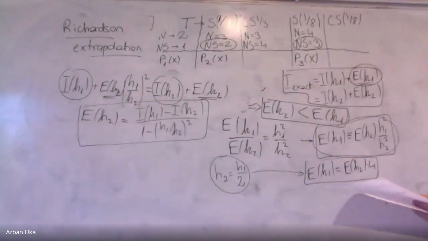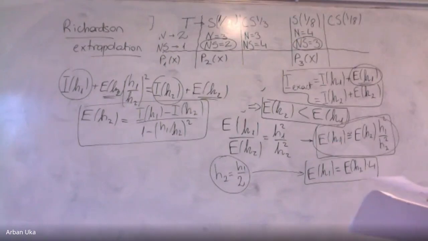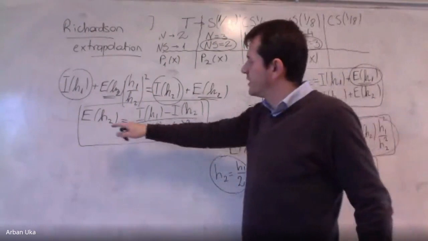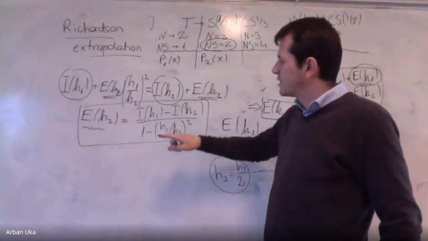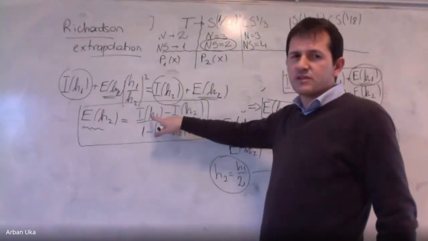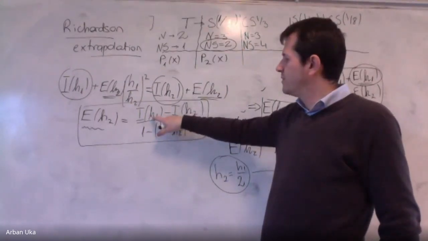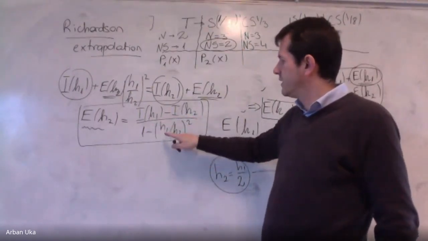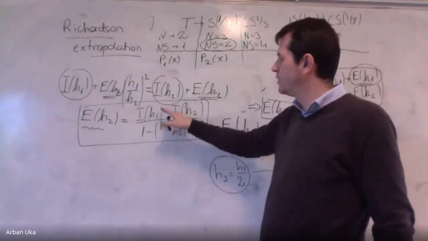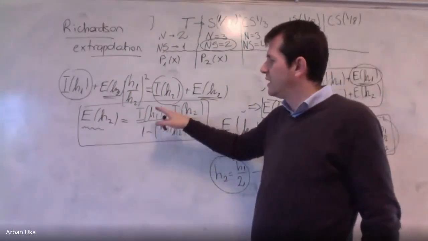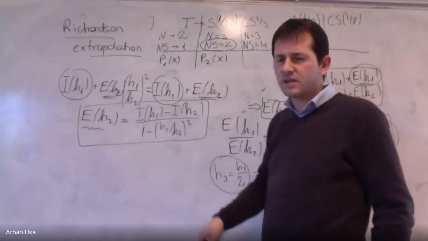So again, this is the error estimate. This is an error estimate that we try to determine as a function of two approximated integrals for two different step sizes. So we have two different step sizes, we get two approximated values of the integral, and we are trying to predict this error.